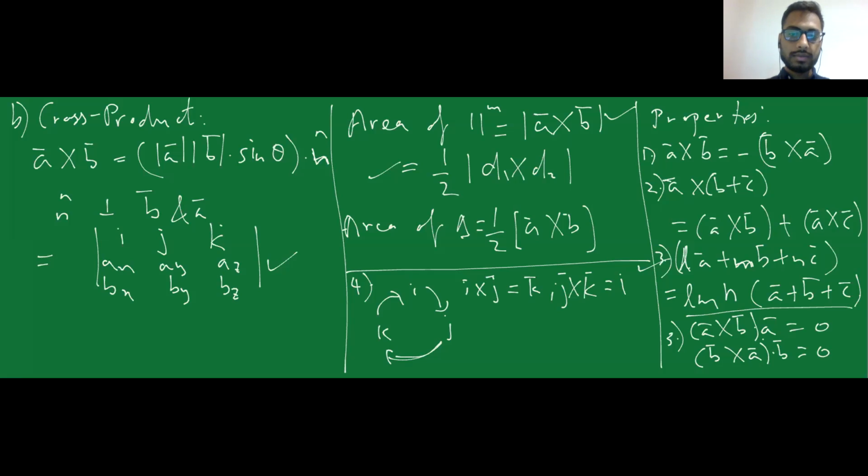If I'm going in clockwise direction, my answer is positive. If I'm going in anti-clockwise direction, my answer would be negative, which means if I do j cross i, I'm still going to get k. However, as I'm going in anti-clockwise direction, the value in this particular case is going to be minus. So j cross i is nothing but minus of k.